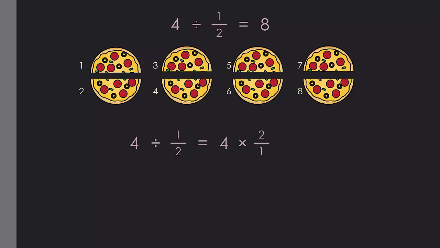And the division symbol becomes the multiplication symbol. So 4 divided by 1/2 equals 4 times 2 over 1, equals 4 over 1 times 2 over 1, equals 8 over 1, equals 8. So we get 4 divided by 1/2 equals 8.